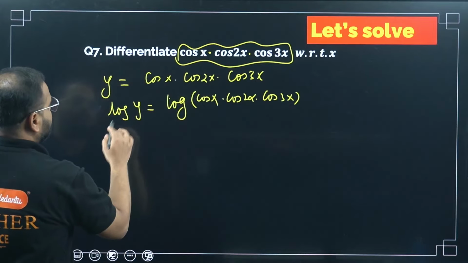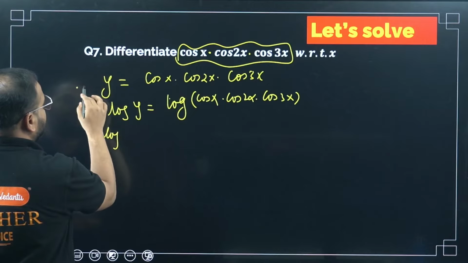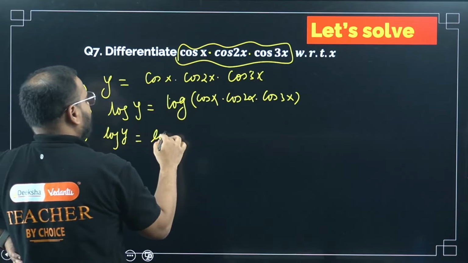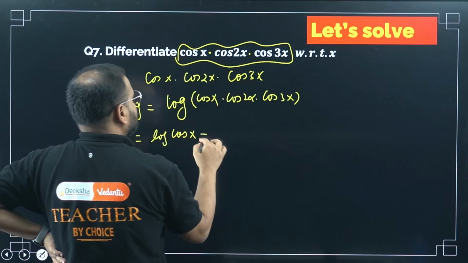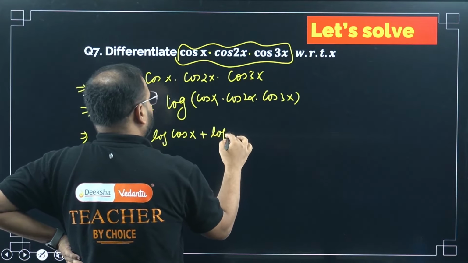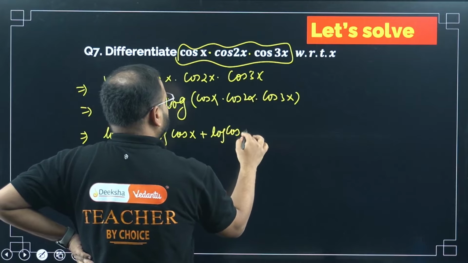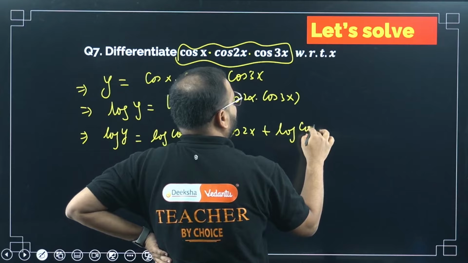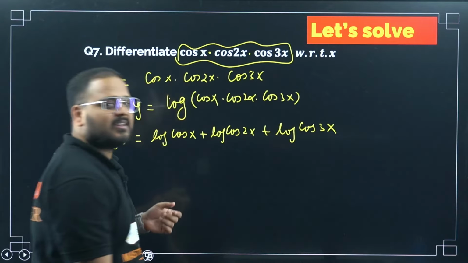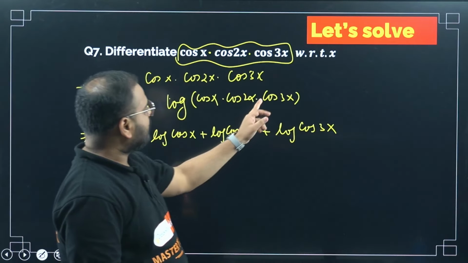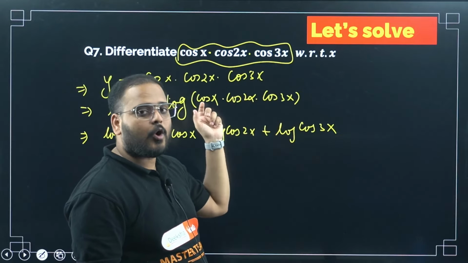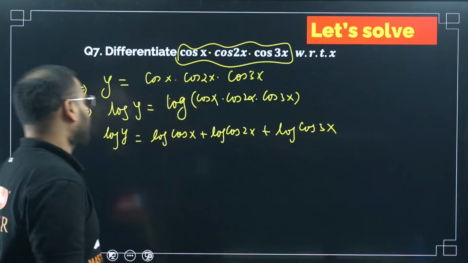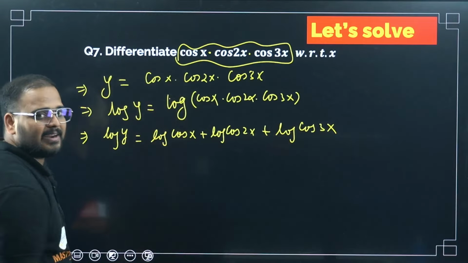This is log y equals log of cos x plus log of cos 2x plus log of cos 3x. I hope you understand this. A into B into C in log, the product I can take as a sum, right? Log A plus log B plus log C, same thing. So the product rule is applied in the logarithm.